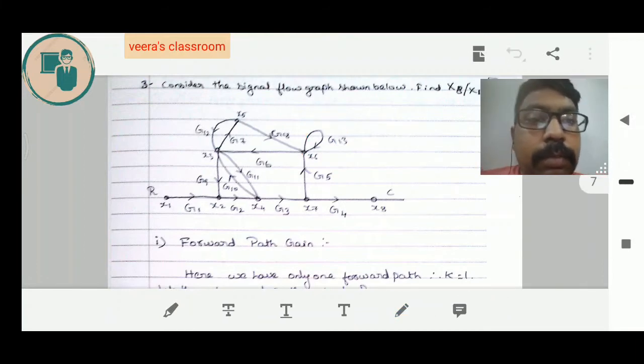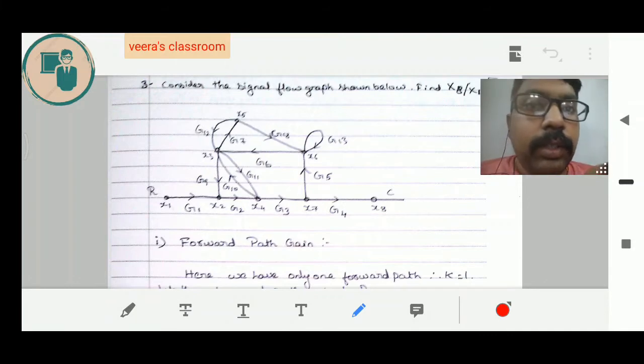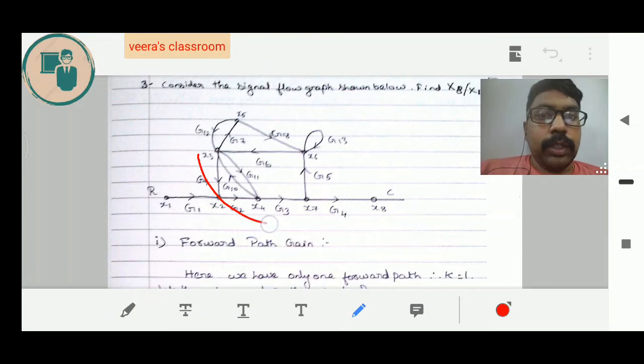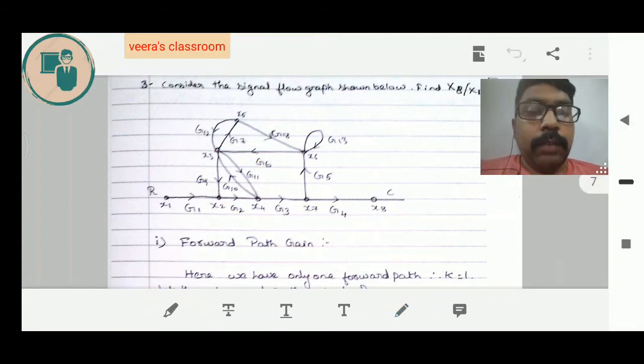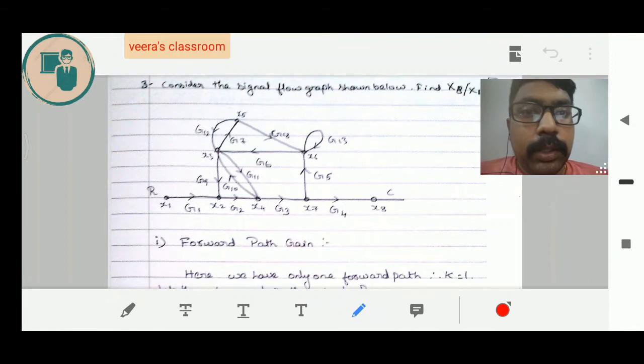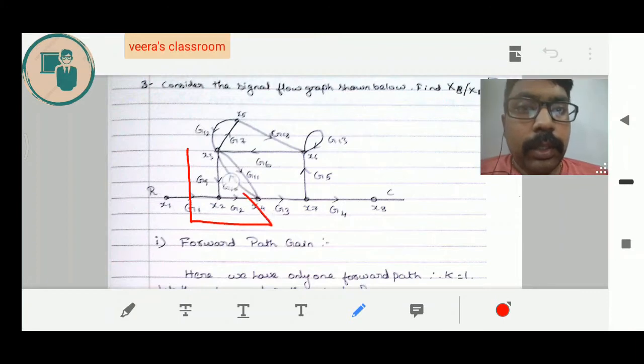At the bottom, we have an individual loop gain that starts from x3, goes to x4 and comes back to x3 again. This is individual loop gain 4. And we have one more individual loop that starts from x3, goes to x2, comes to x4 and comes to x3 again.